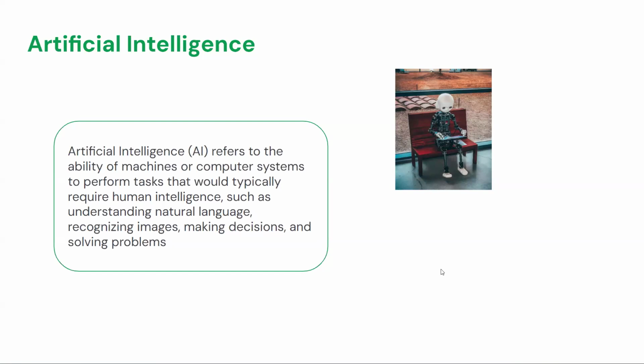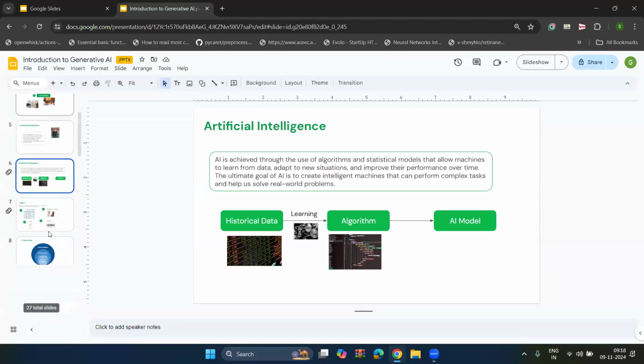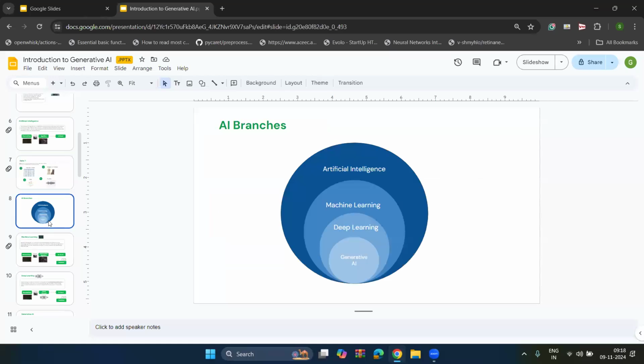Now, if I talk about AI, I should always talk about the branches of AI. Generally we talk about artificial intelligence, machine learning, deep learning, and here comes a new branch called generative AI.